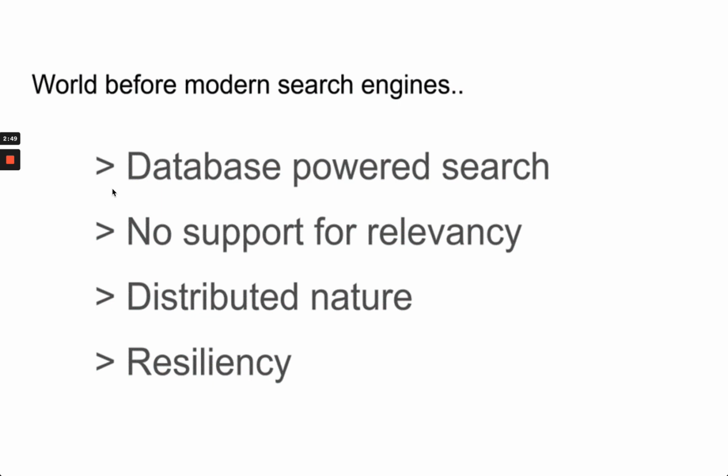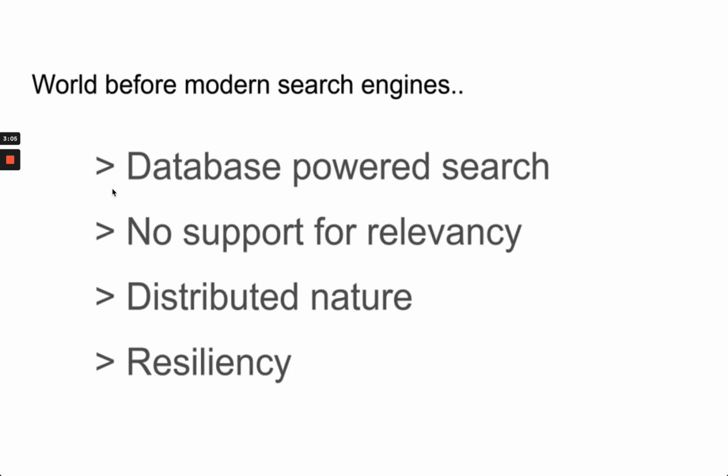I do have to give you a very brief introduction about where exactly Elasticsearch changes its codes. Modern search engines have only been there for the last 10, 20 years, right?